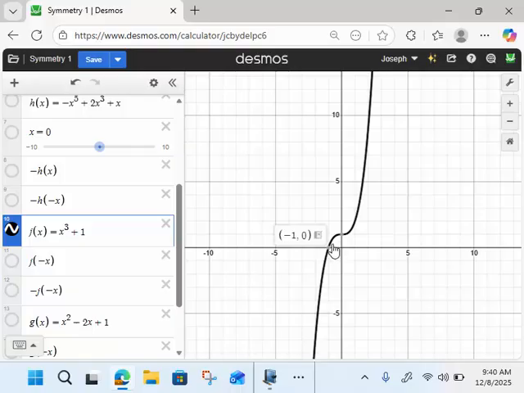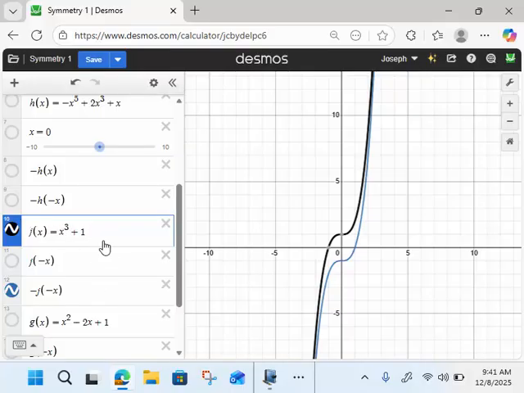So again, to be odd, when I plug the negative x in, I should get the negative of the other side. So when I plug in 1, I get 2. But I plug in negative 1, I don't get negative 2, I get 0. Because it's all been shifted up. So this is not the same as the original function. So it's not anti-symmetric. Okay?